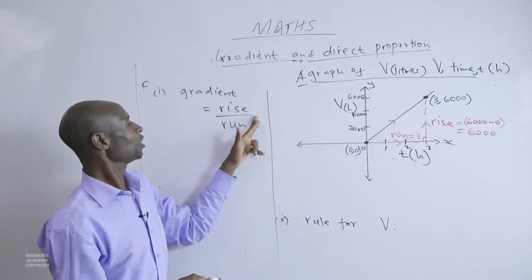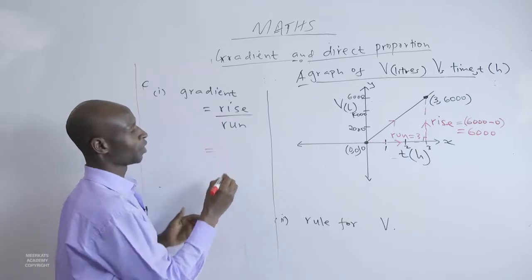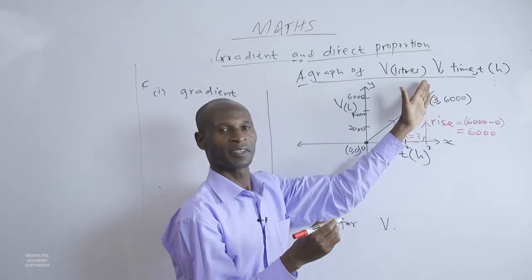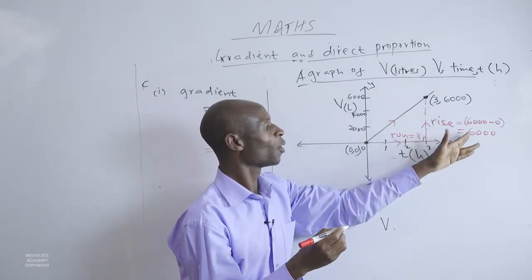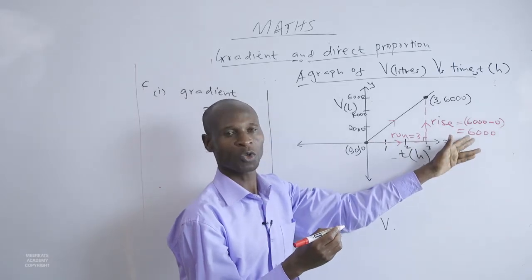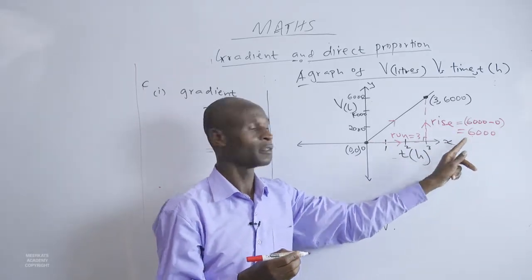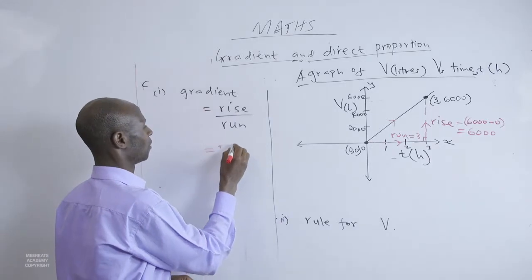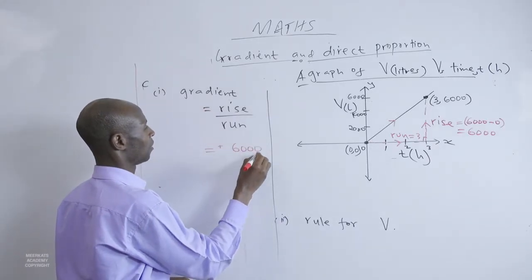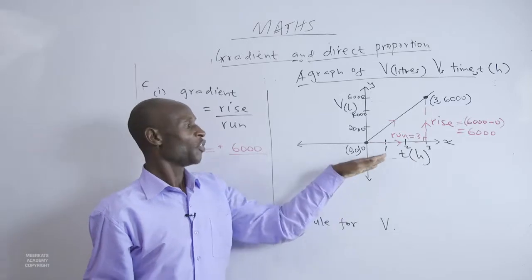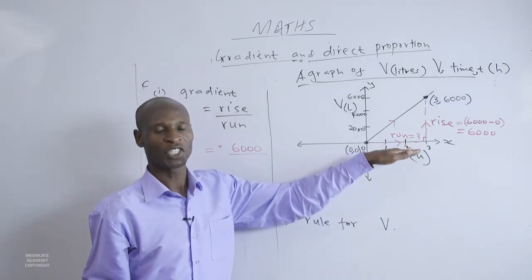We substitute in our relation. Because the rise is upwards, we consider that positive. So we assign a positive. The run is always positive.